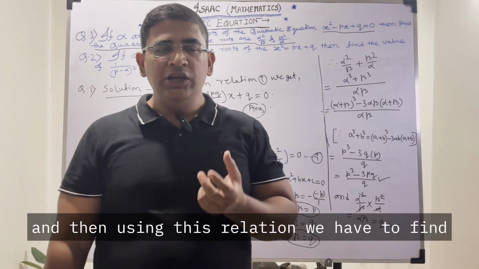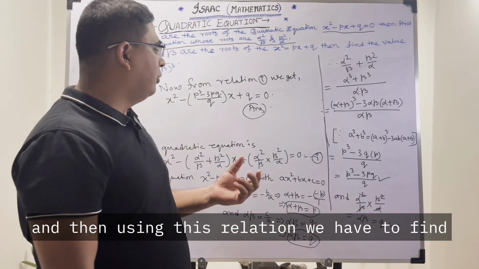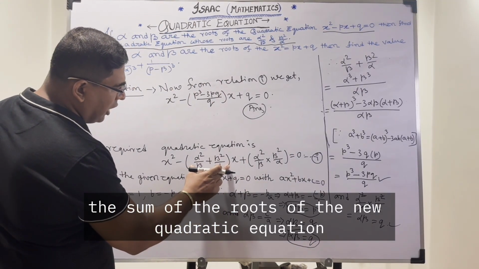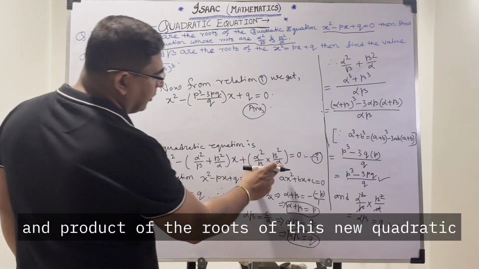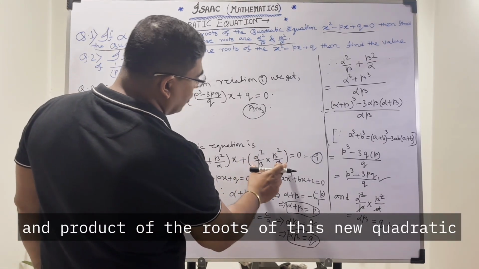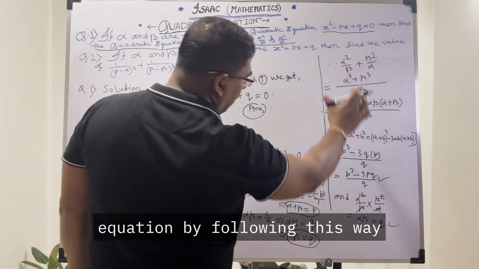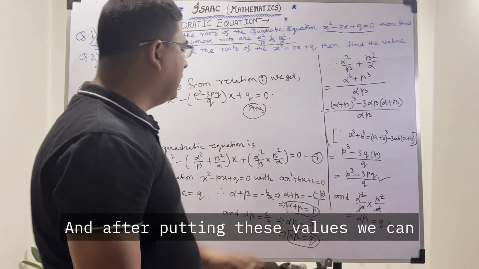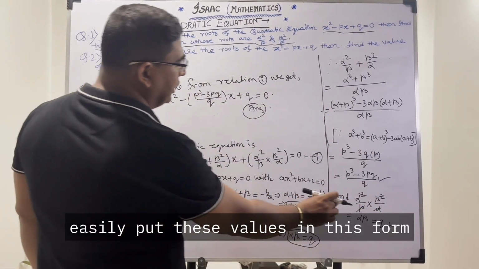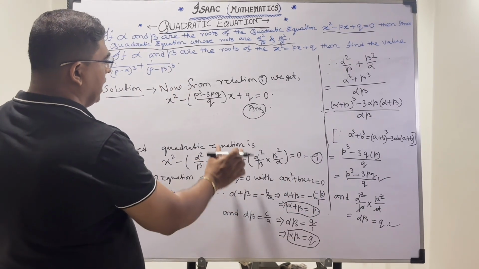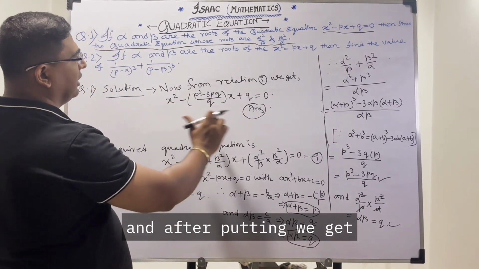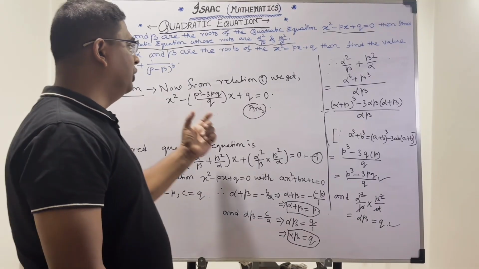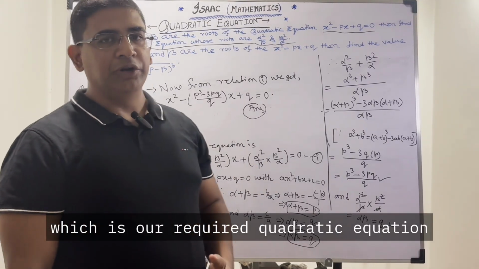Then using this relation we find the sum of the roots and the product of the roots of the new quadratic equation. After putting these values, we get this new form of quadratic equation, which is our required quadratic equation. Okay.